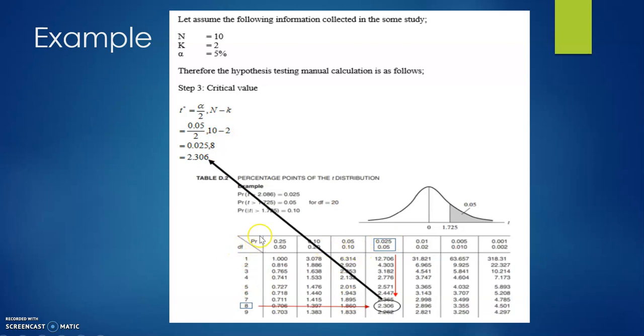Here, this is probability, and 8 is under degree of freedom. DF is degree of freedom. So 8 crossed with 0.025, you get the value of 2.306.